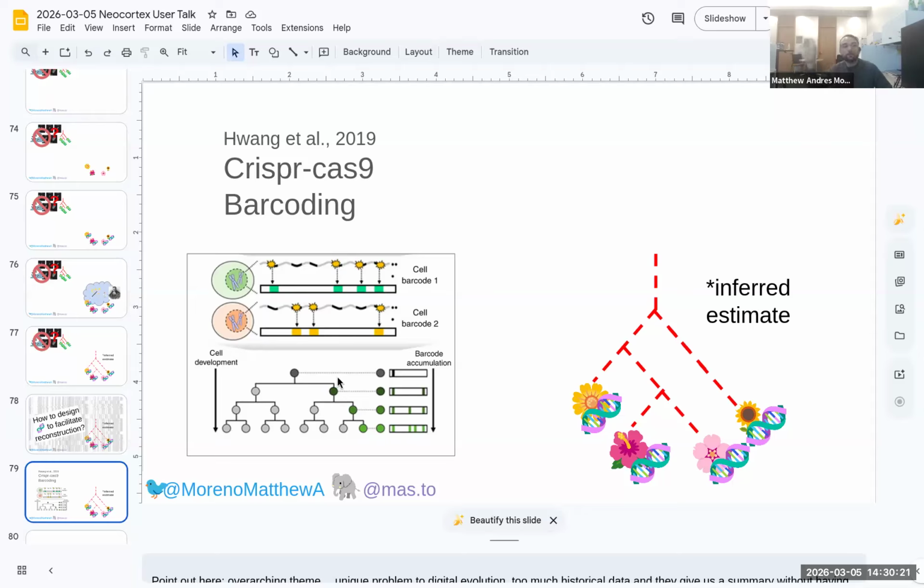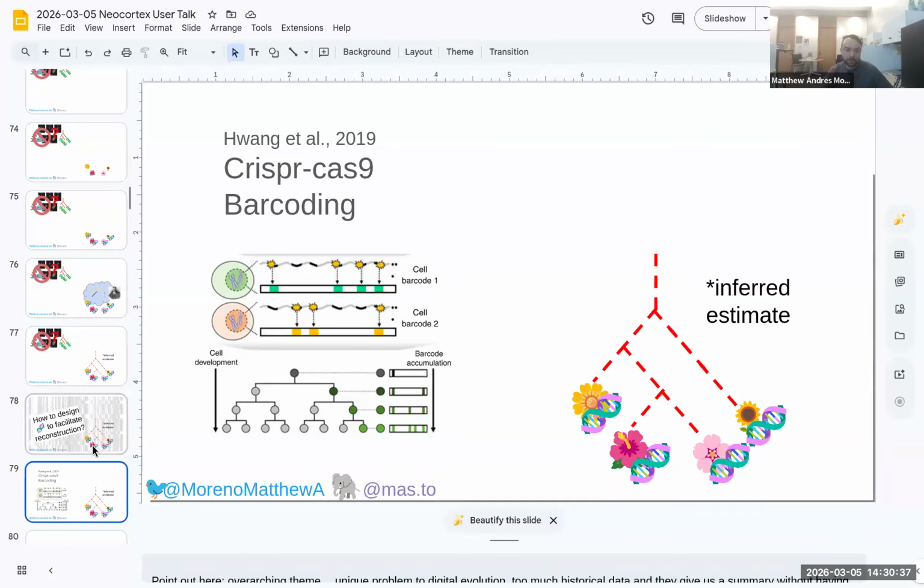And then if you sample the great-great-grandchildren, it's really easy to look at what sets of organisms share which barcodes and get a pretty high confidence estimate of the underlying phylogeny.